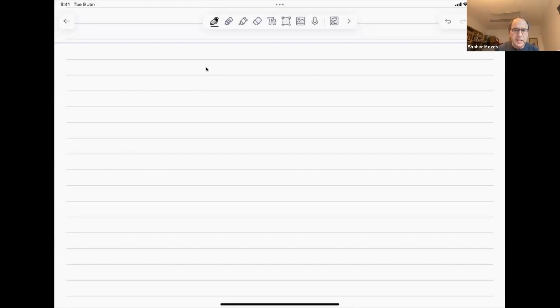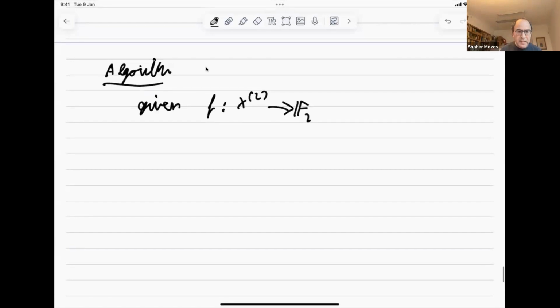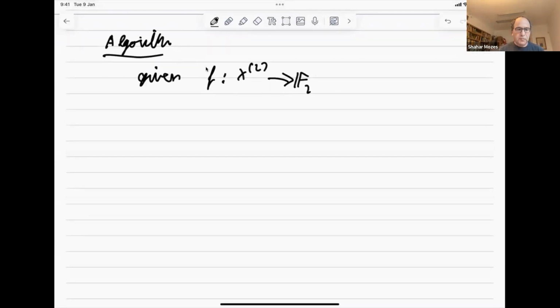Okay, so the idea is the following: you start with a word. So we define a funnel algorithm. You're given a word f from X2 to F2, where we have the square complex constructed. You want to show that it's locally testable, and basically the idea is to look at the word, and at each vertex do the following.